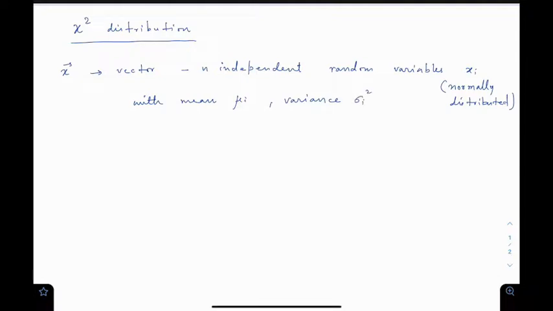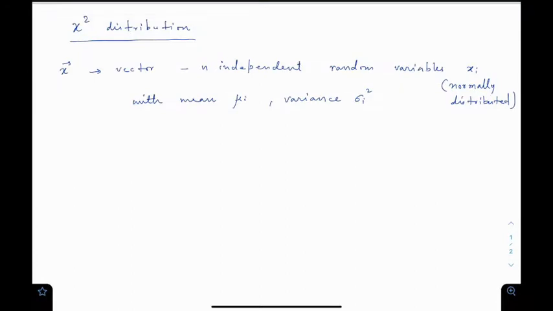So in this case, the joint PDF is written as follows. The random variables are denoted by the vector x, and the parameters would be again captured by these vectors mu and sigma.